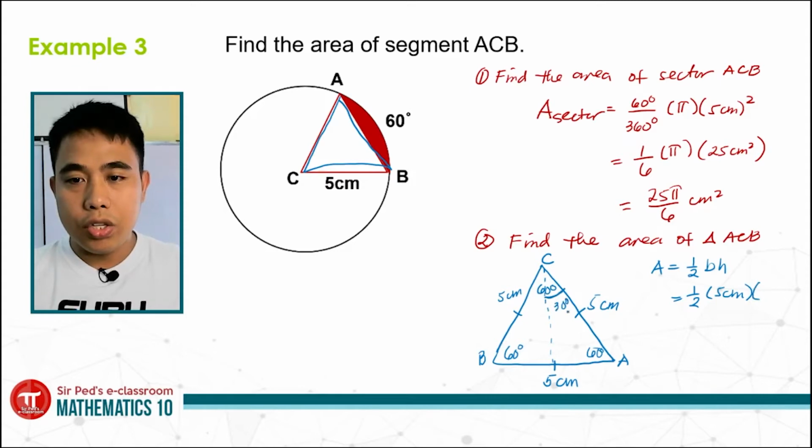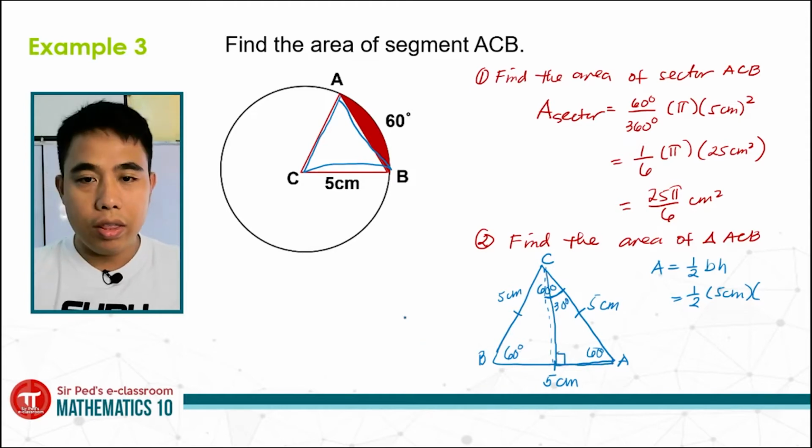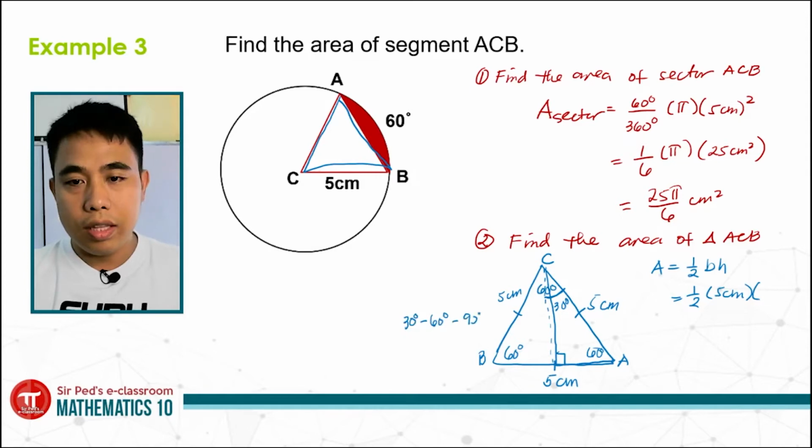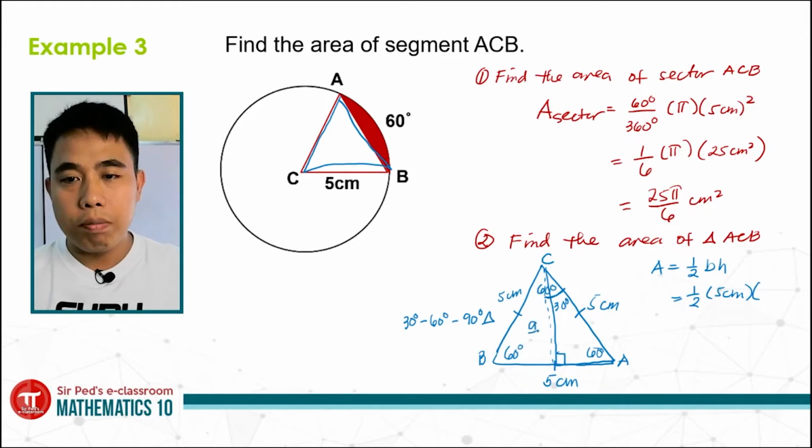So if we are going to consider this triangle, it will become a 30, 60, 90 degrees triangle.